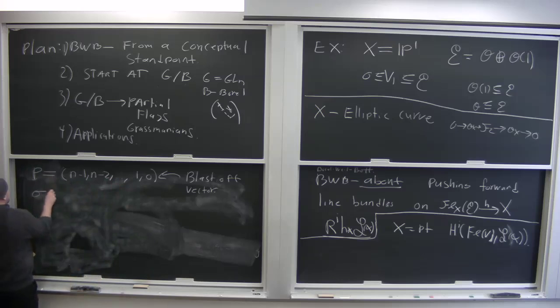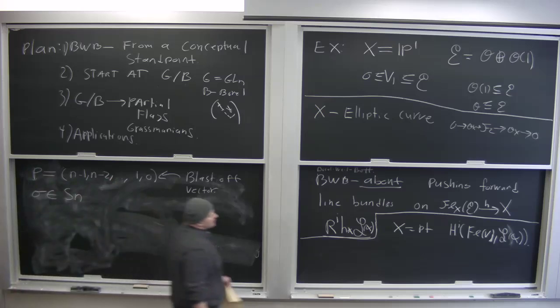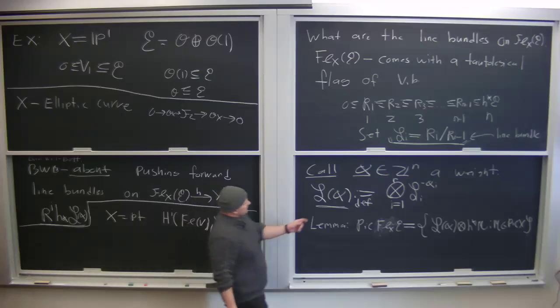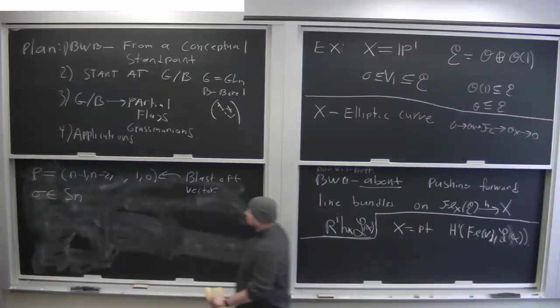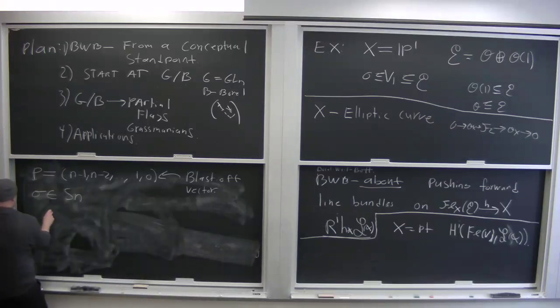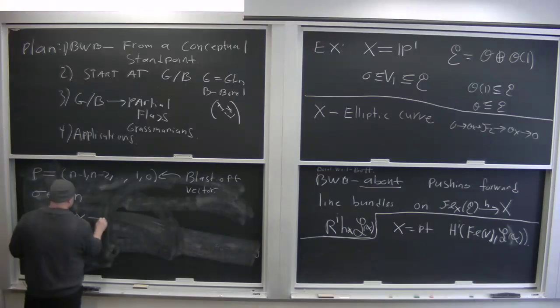And now if I take sigma in the symmetric group on n letters, I have a natural action on the weights, but I'm going to define a new action called the dot action. So sigma dot alpha, what's it going to be?